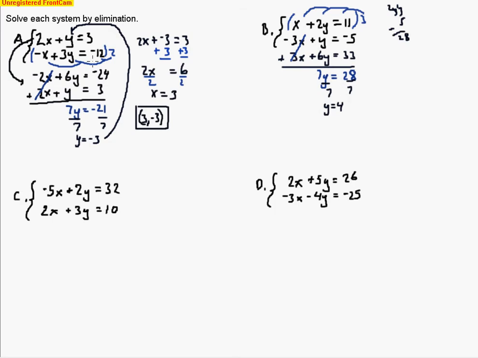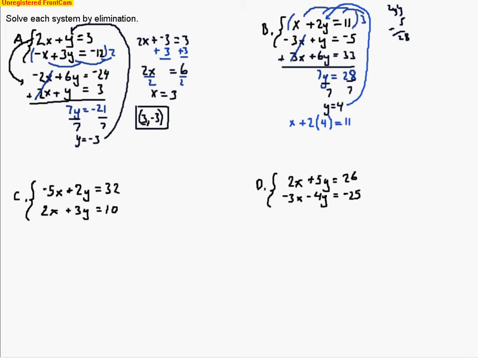So once you've done that, you can substitute that value of y back into one of the equations. I'm going to put it into that original equation, the top one, before I modified it. And so I'd rewrite it as x plus 2 times y. But y is 4, and this should all equal 11 at the end.